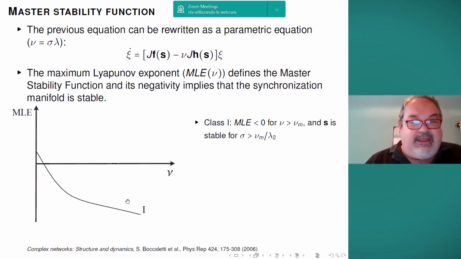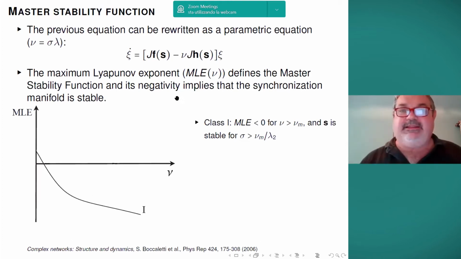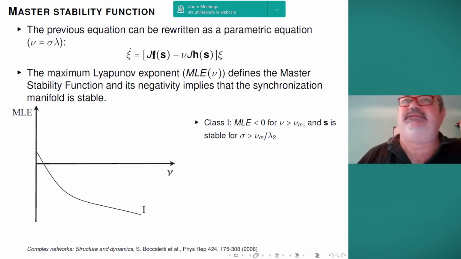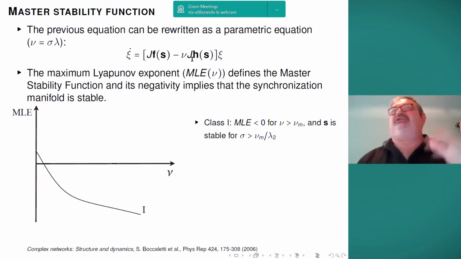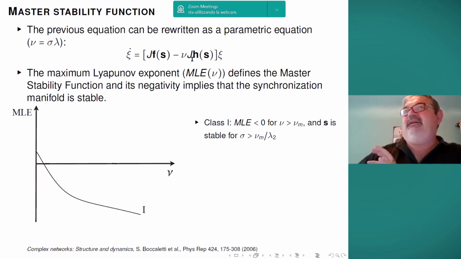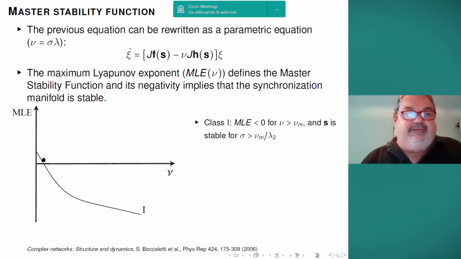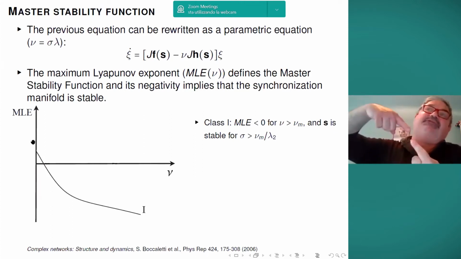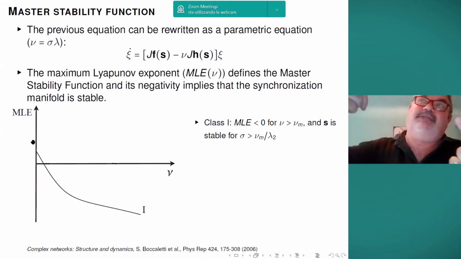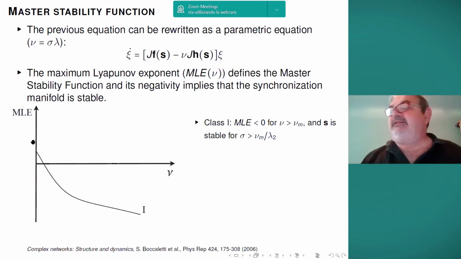And now you realize immediately that you give me F, that is, you give me the system, Rössler, Lorenz, whatever. You give me H, you give me how the system interacts, and I immediately calculate this function, and I can have only three possibilities. Now, the value of the function at lambda equal to 0, that is at nu equal to 0, must be the maximum Lyapunov exponent of the isolated system itself. So if it is chaotic, it will be something positive.